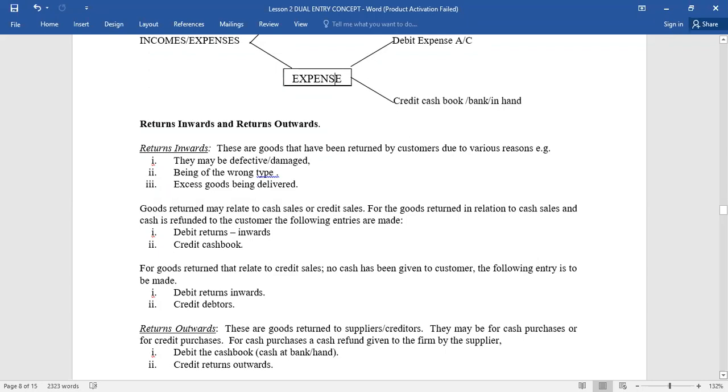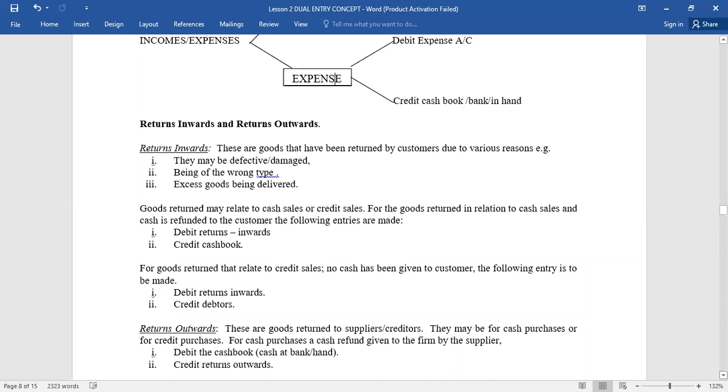When the goods are now returned to suppliers, we call them return outwards. The first case was return inward. I always tell my students, assume you are the business. It's easier that way. So assume you are the business person. So when you are returning outward, what is happening?